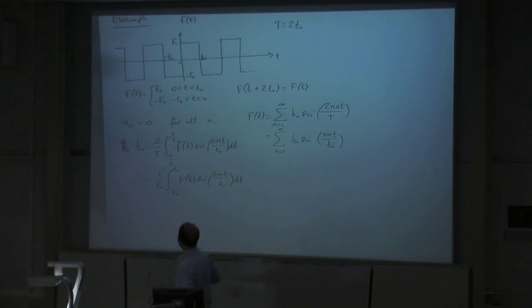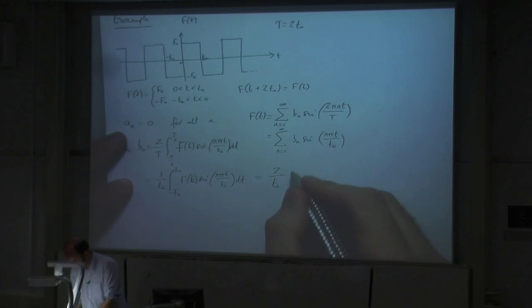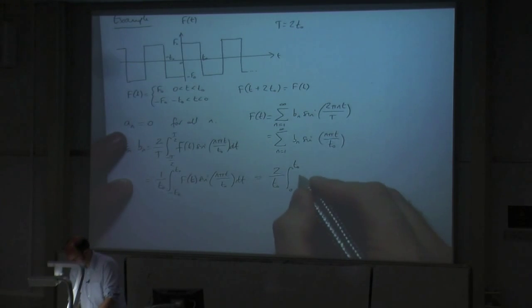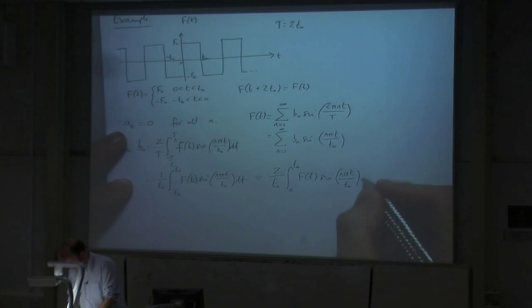Now we know that f of t, as we said, is an odd function. Sine, we also know is an odd function. An odd times an odd is an even function. Therefore, you can write, this is 2 over t naught, between 0 and t naught. That's what's changed. F of t sine n pi t upon t naught dt.